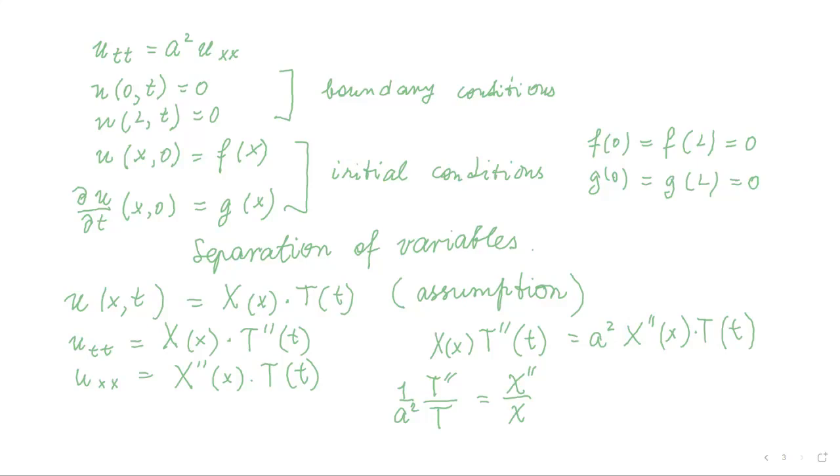The same is going to happen to x. Imagine that you set x right in the middle of the string. It's going to give you a certain second derivative and a certain function. And this number is not going to change because this function is only of little x. If you choose little x equal to something, that's going to be the number there. It's going to be just a certain number. And this certain number is supposed to work for all possible t's, which means that this ratio is going to be equal to a constant. It has no escape. It equals a constant. We are going to call this constant minus lambda.